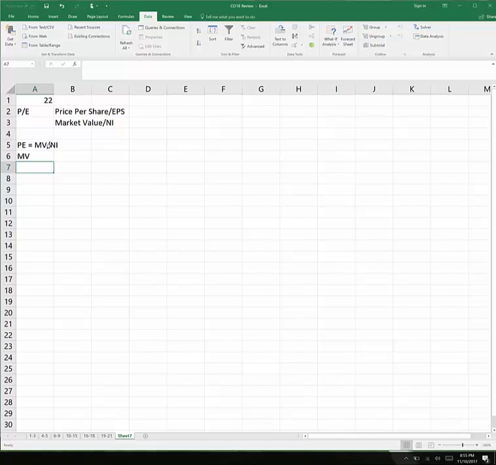So what we're going to find here is total market value and then divide by number of shares. So we have 12 for the PE ratio equals market value, which we don't know, divided by net income. And net income is going to be the 5 million multiplied by 7%. It looks like I'm missing a zero. So $350,000.